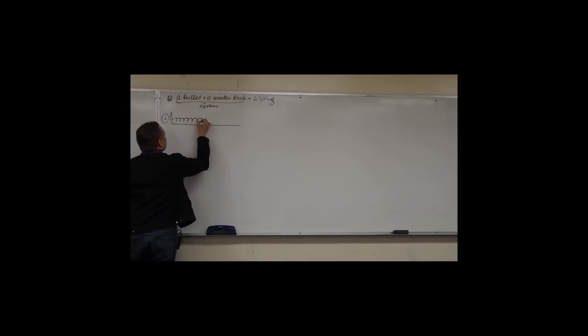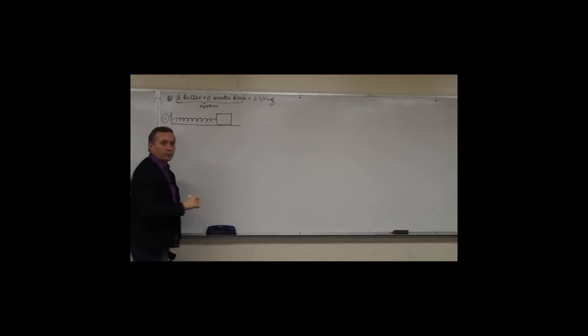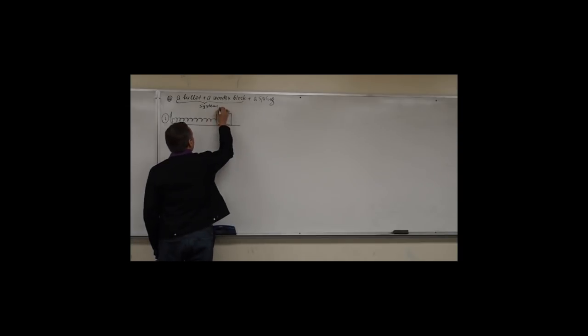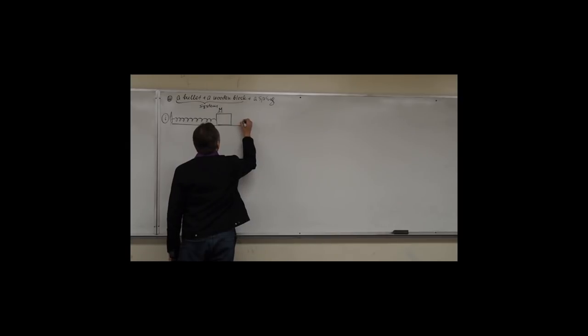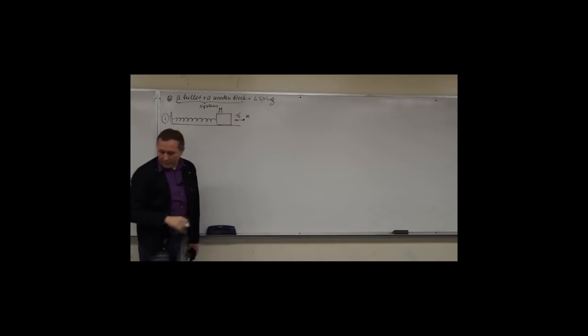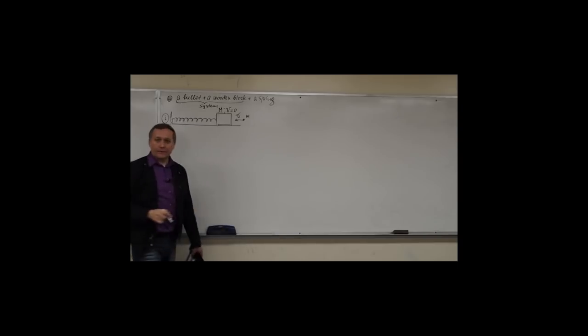Then we have a spring relaxed, and here our wooden block of mass capital M. And here comes the bullet, a small bullet with mass m and velocity v. Of course, the velocity of this block initially is 0.